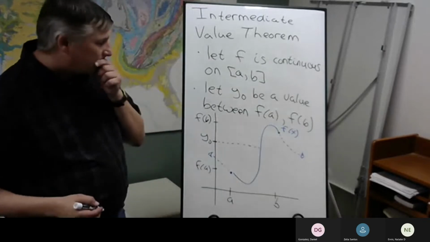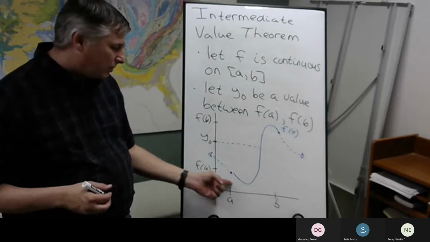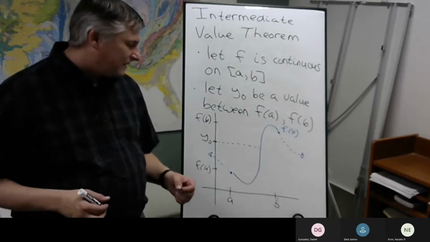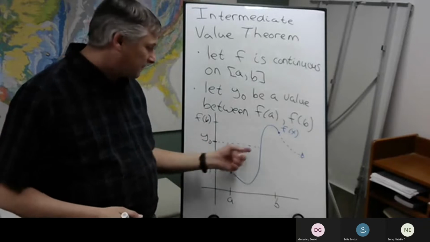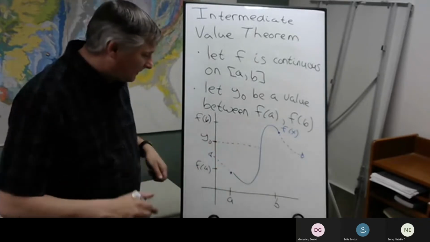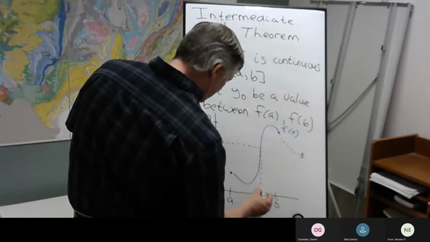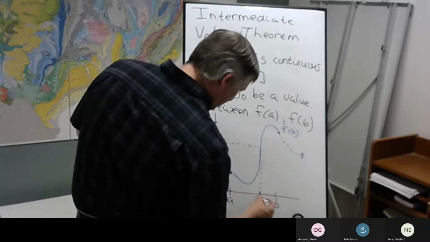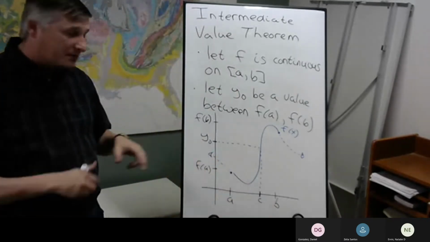Now, f is continuous. So what this means is for every point between A and B, as we approach some value, the limit is going to equal the value of f of x. Let's call this c, where f of c is going to give us y0.